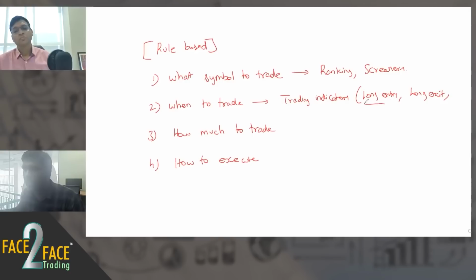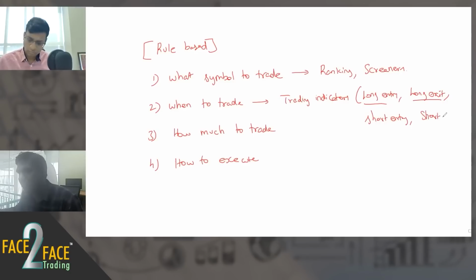So that is my long entry rule. Likewise, when you want to exit, I want to exit only if the MACD is dropping down below 0. So that becomes the long exit. Likewise, if we need a short entry or short exit, we can go with that.